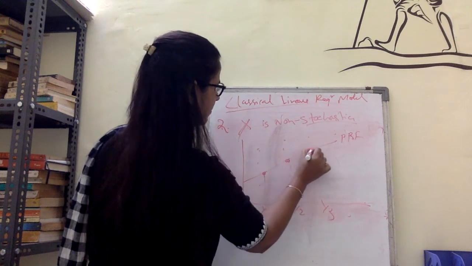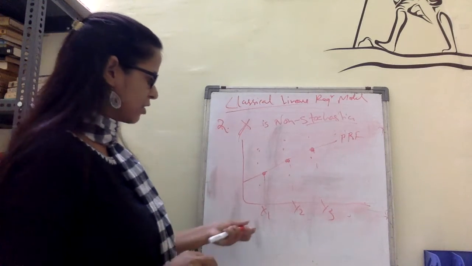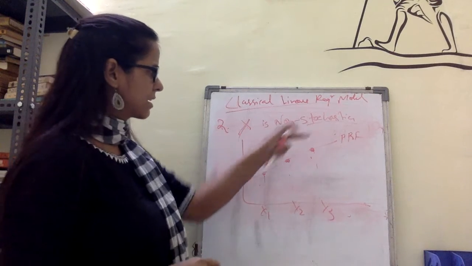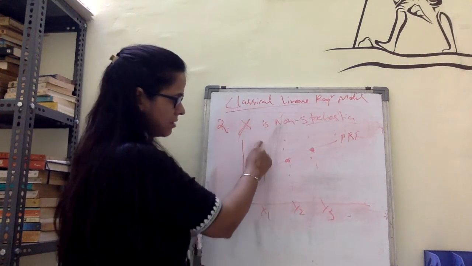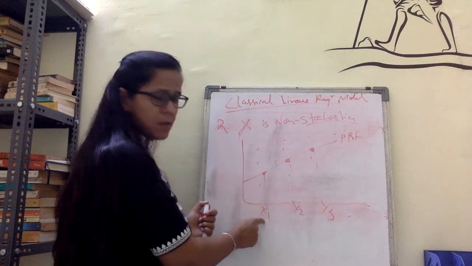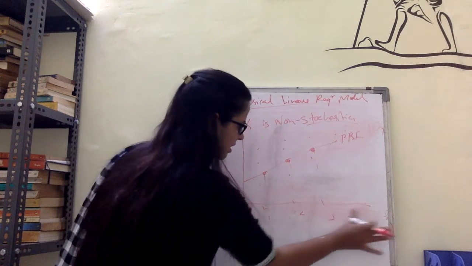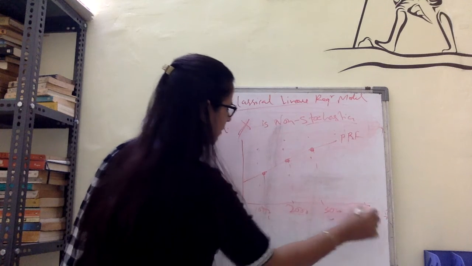As I mentioned, there are 50 families and they are categorized in 4 income levels. So X is fixed in repeated sampling means these families' income, I mean the consumption expenditure of these families whose income falls at this level of X, or you can say 1000 as I mentioned. Let me write 1000 only. 1000, 2000, 3000, and 4000.